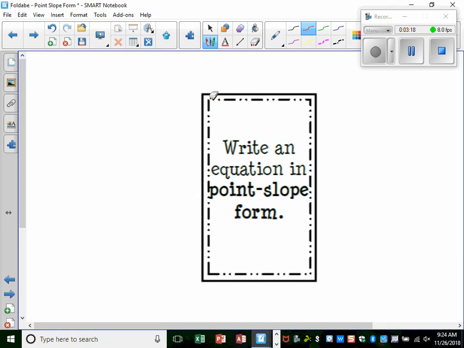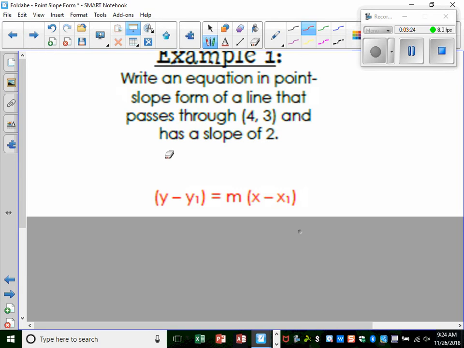All right, so the first tab you should have is write an equation in point slope form. Now, if you are given a point right here, write an equation in point slope form of a line that passes through this point and has this slope.